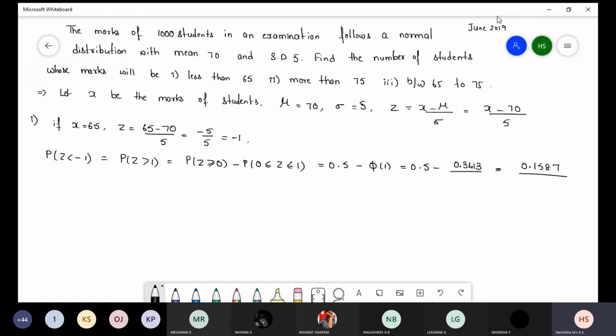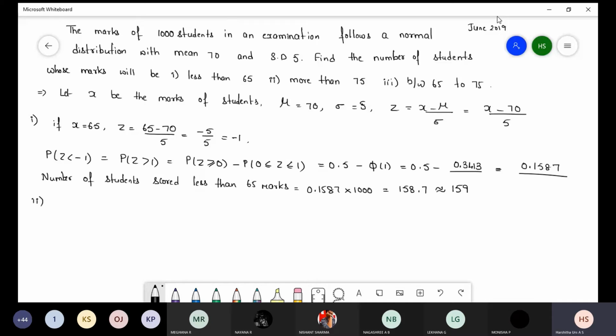So the number of students who scored less than 65 marks is equal to 0.1587 into 1000. So we will get 158.7. Approximately we can write 159 students.